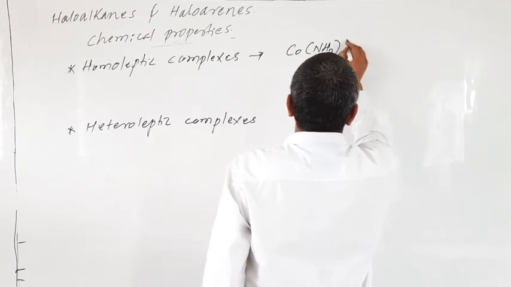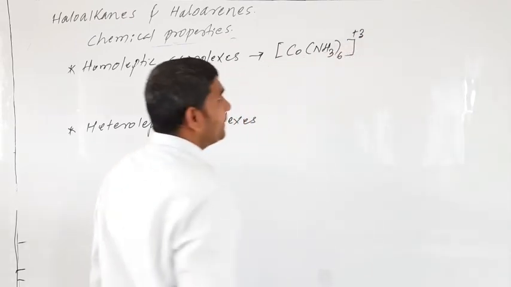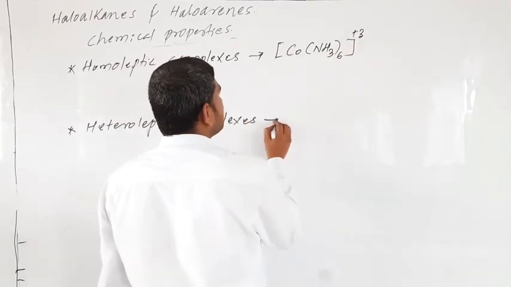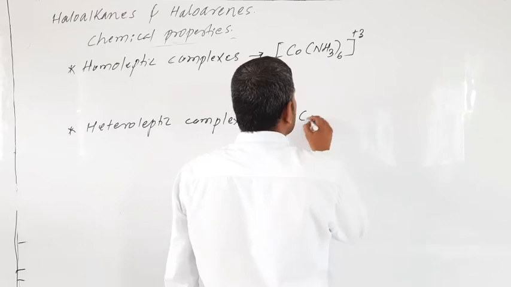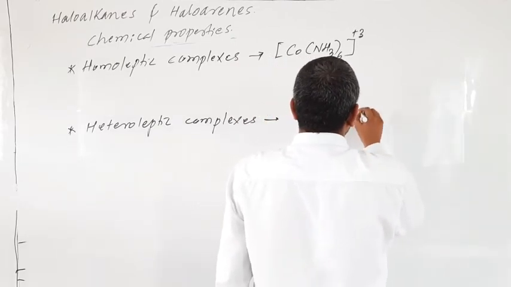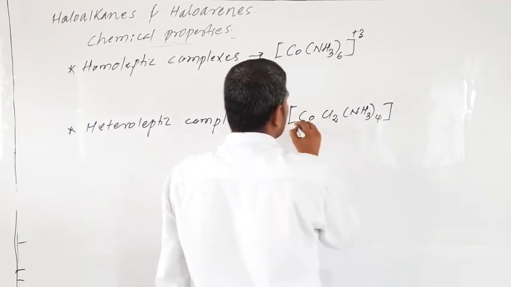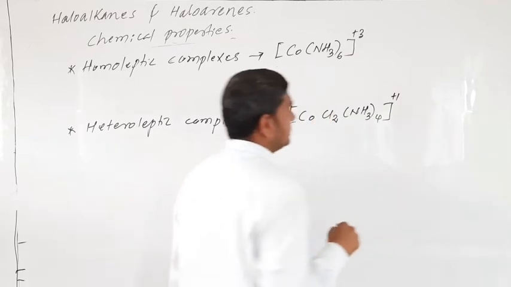This is hexamine cobalt 3 complex. I will write one more example over here: CoCl2 NH3 4 times plus 1.